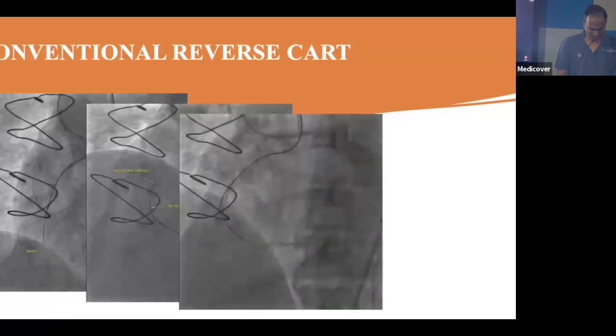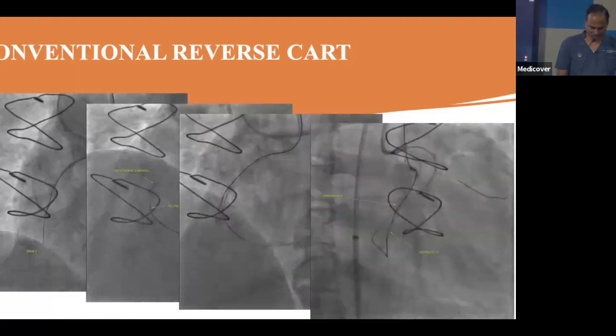And initially, I tried direct reverse CART within the lesion. Because it is a calcified CTO, I was not able to connect. It's very difficult to connect in a calcified segment. And the whole CTO is almost a calcified segment here. So I was not able to connect.